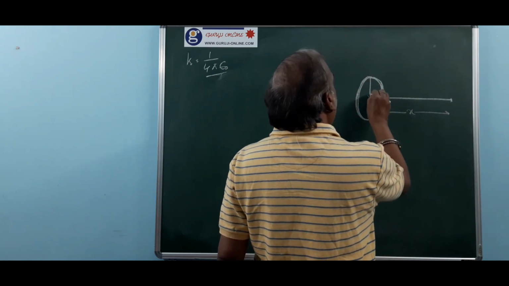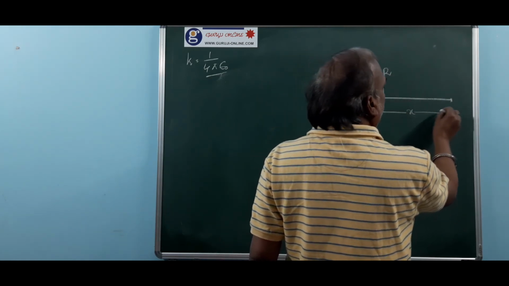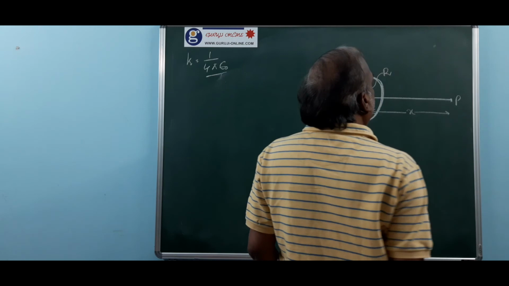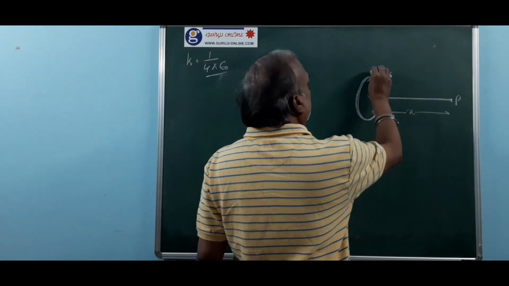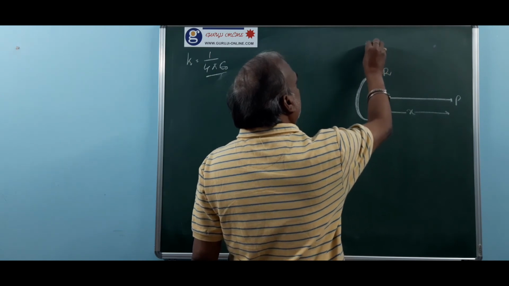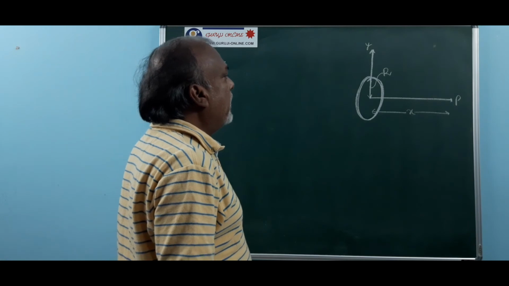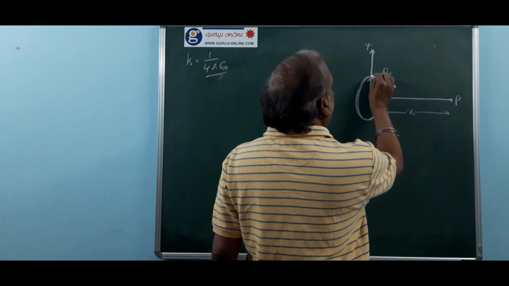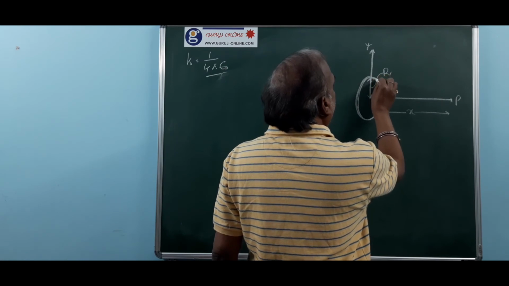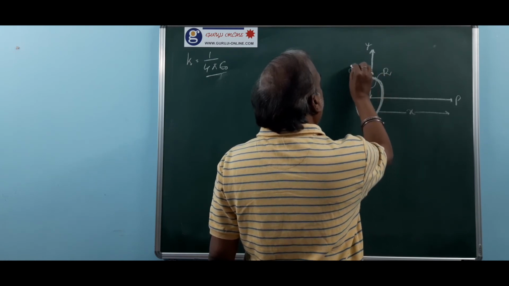The radius of the ring is R, and this is the point P at a distance of X from the ring. In this case also you can take a segment here, ds.